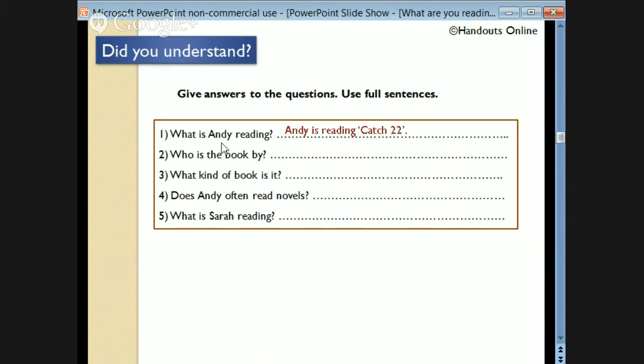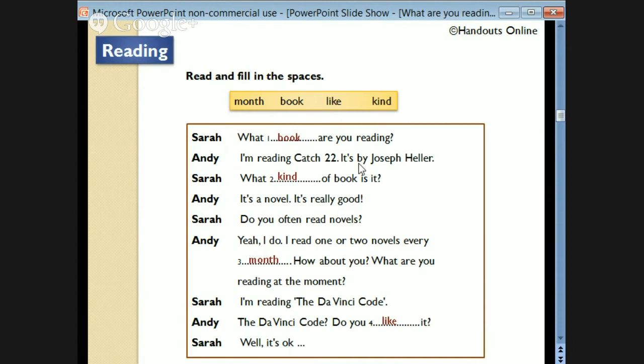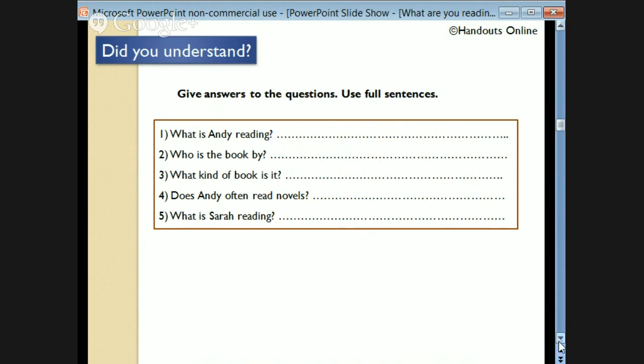Perfect. Good. Who is the book by? The book is by Joseph Heller. Exactly. The answer to who is the book by? The book is by Joseph Heller.